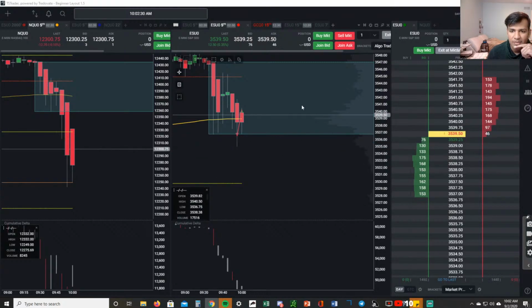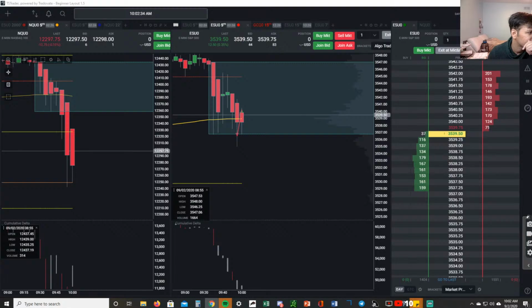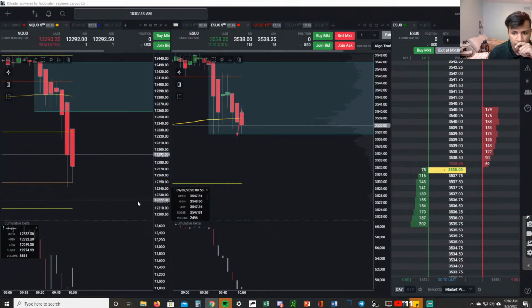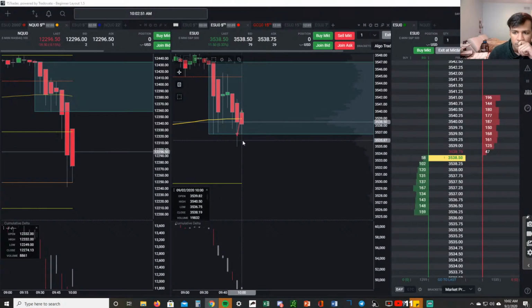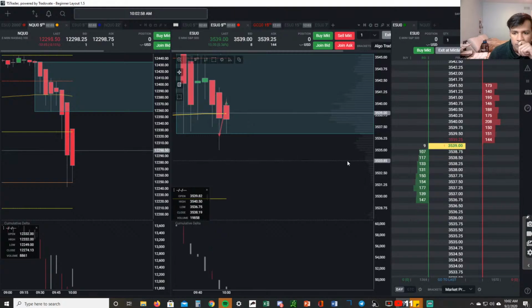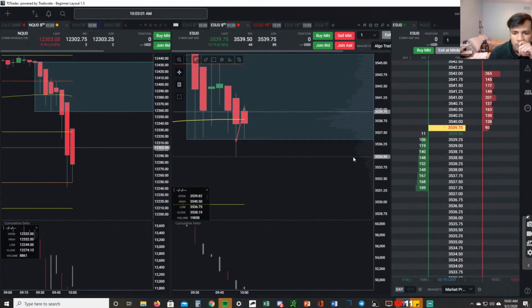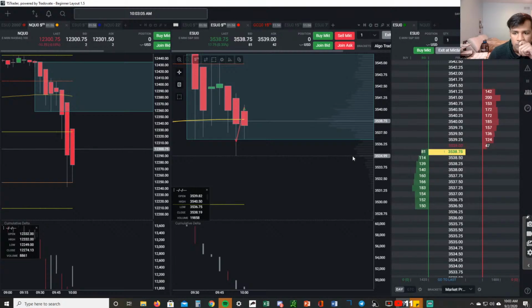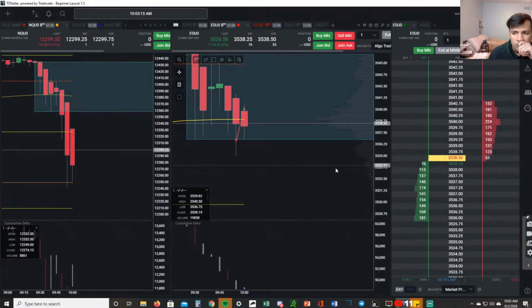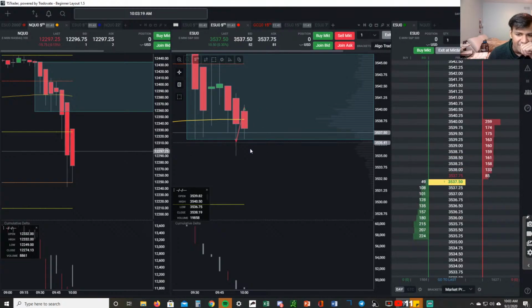I feel like it just might play me. Hit my stop and then it's gonna go completely down again. Yeah, hit my stop to the tick, and now it's pushing down.